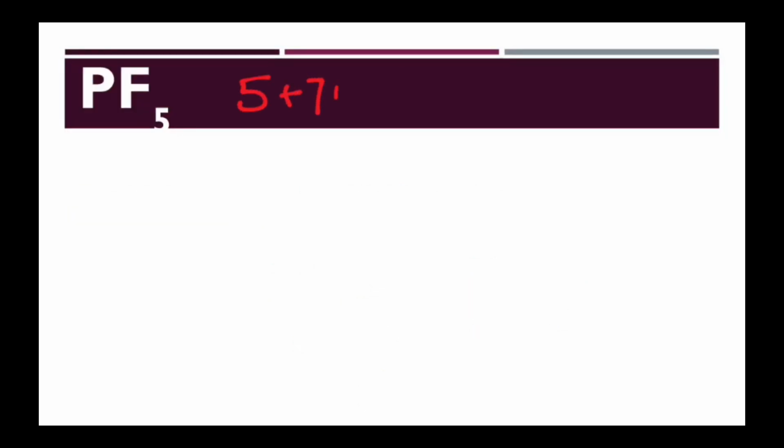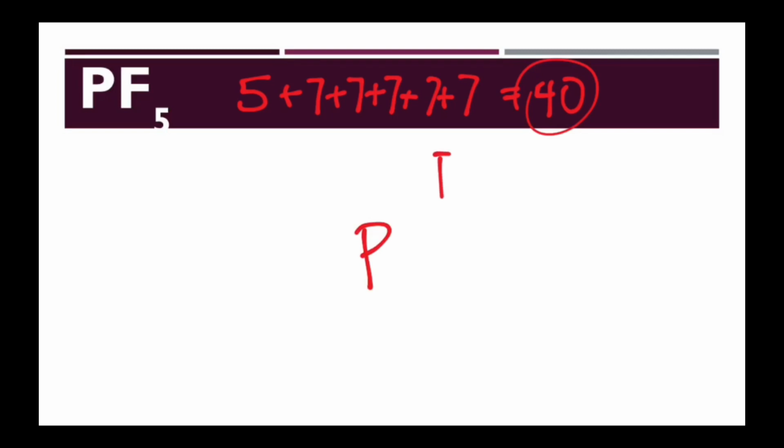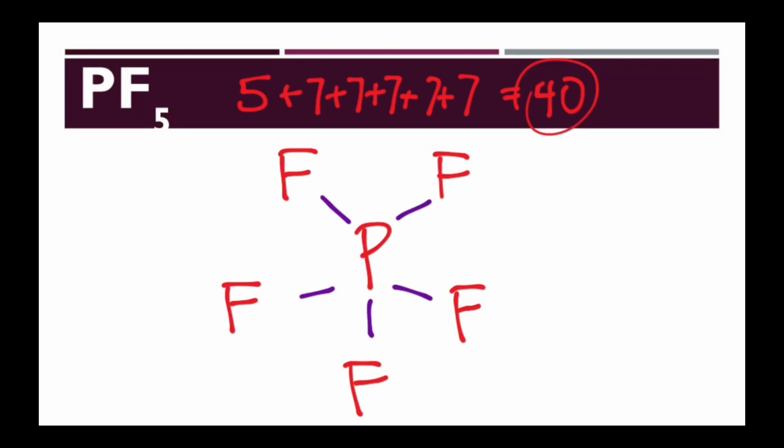So with PF5, there are 5 valence electrons from P and 7 from each of the fluorines, which gives us a total of 40 valence electrons to work with. I'm not going to be able to make things at nice right angles here, but it doesn't really matter because my P is going to end up with more than 8 valence electrons anyway. And we can see that as soon as I add my 5 bonds to it, that it has 10 valence electrons around it. But it can handle that.